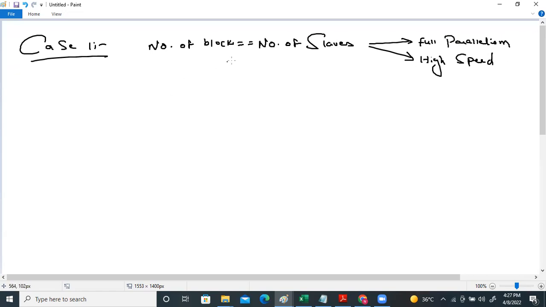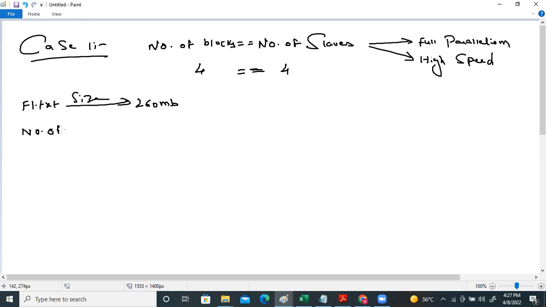For example, number of blocks equal to 4, number of slaves equal to 4. Assume f1.txt is the file, and its size is 230 MB.